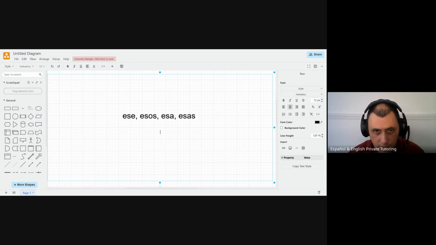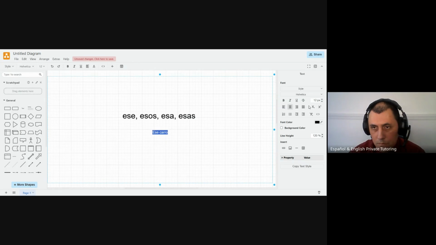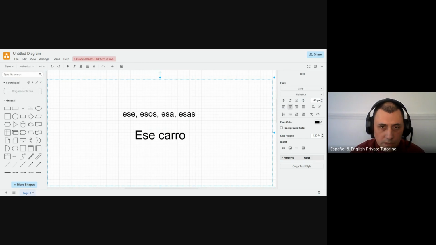And basically they are used as adjectives before the noun. Example, ese carro. Carro is masculine, so ese has to agree with carro, and so on.